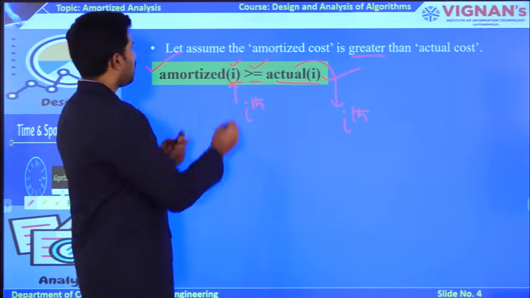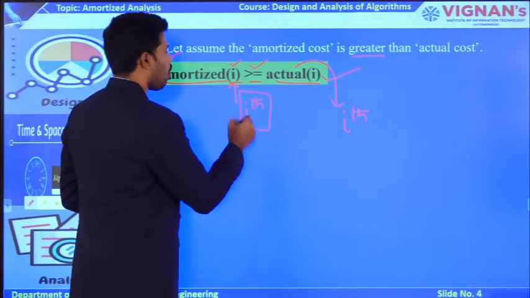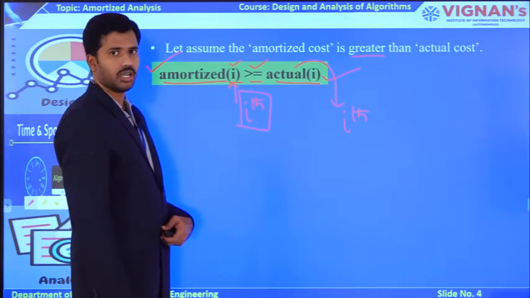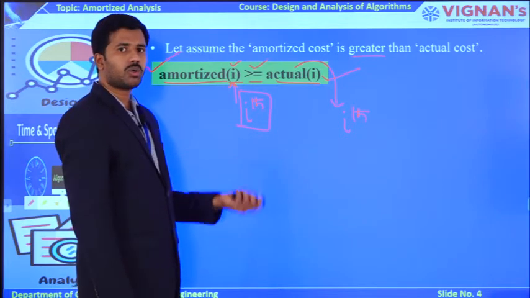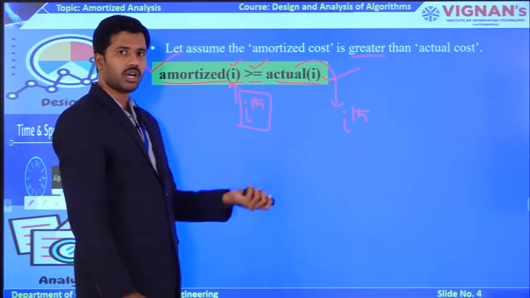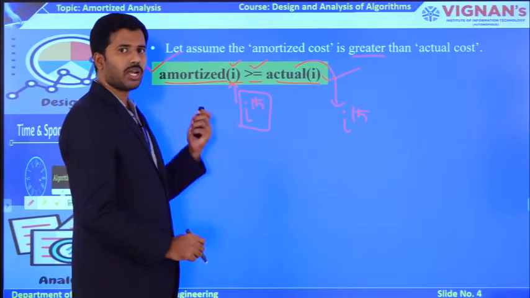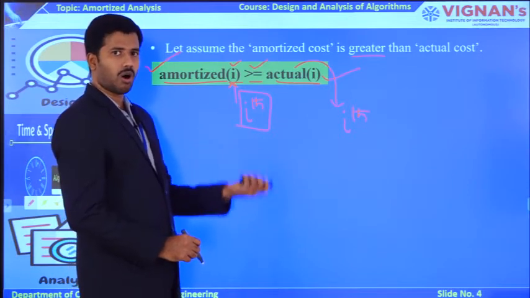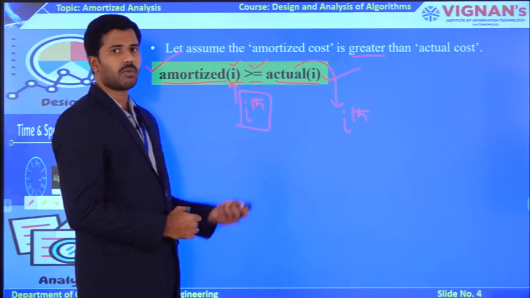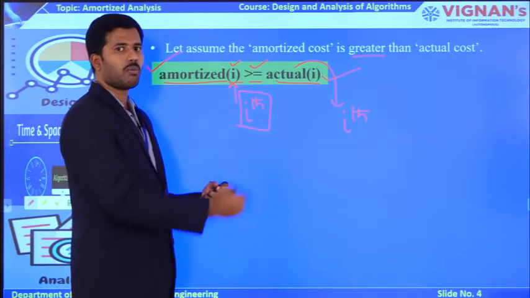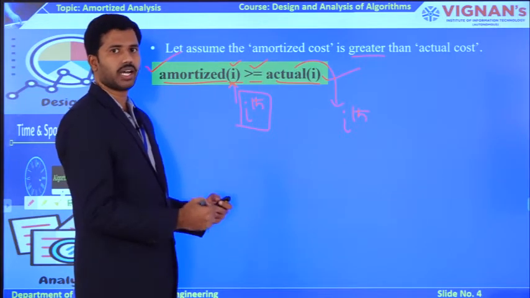So this amortized of I is giving the cost for only the ith operation, but your algorithm is having n number of operations, right? Now how to get the amortized cost for all the instructions? Ultimately you need to apply the sum on all the operations available in the algorithm, so that you can get the total amortized cost of your algorithm as well as the total actual cost of your algorithm.